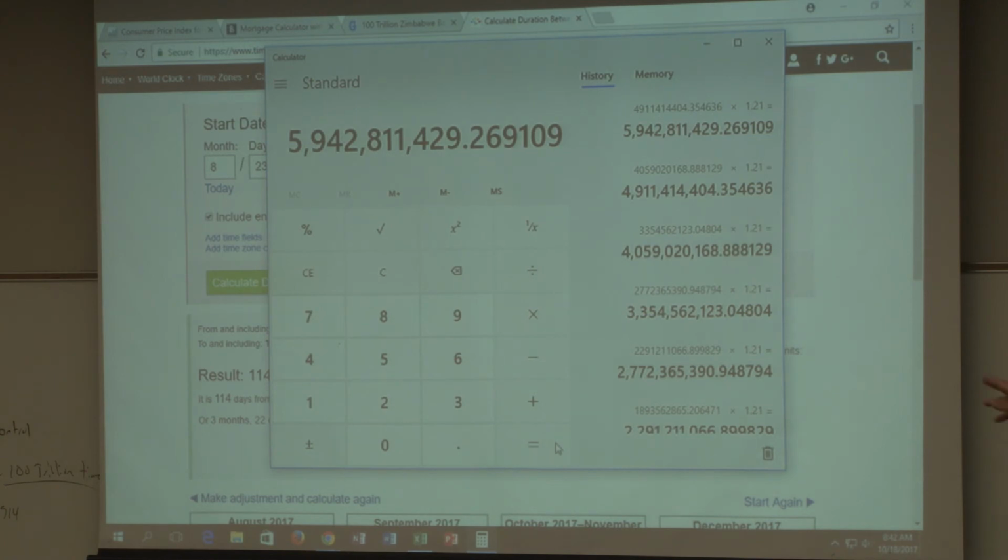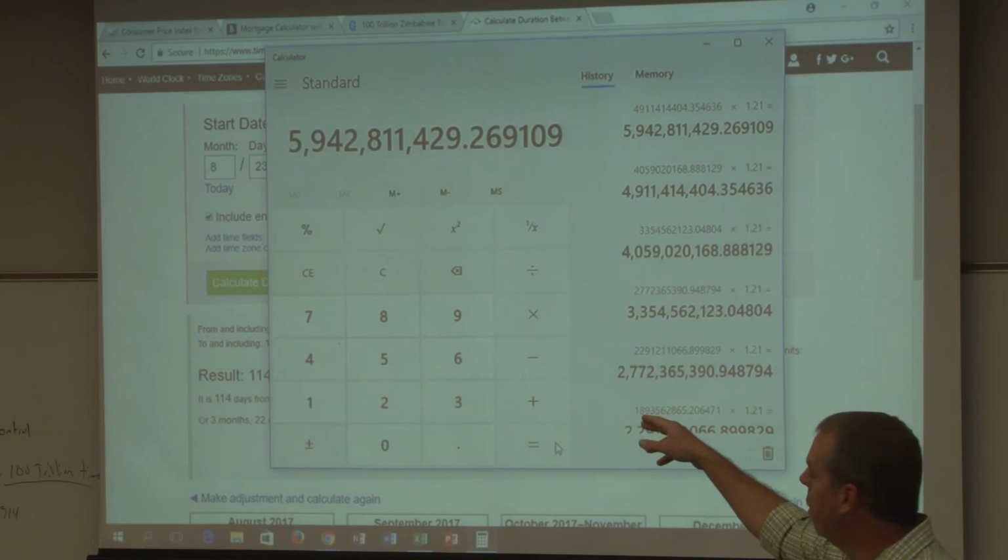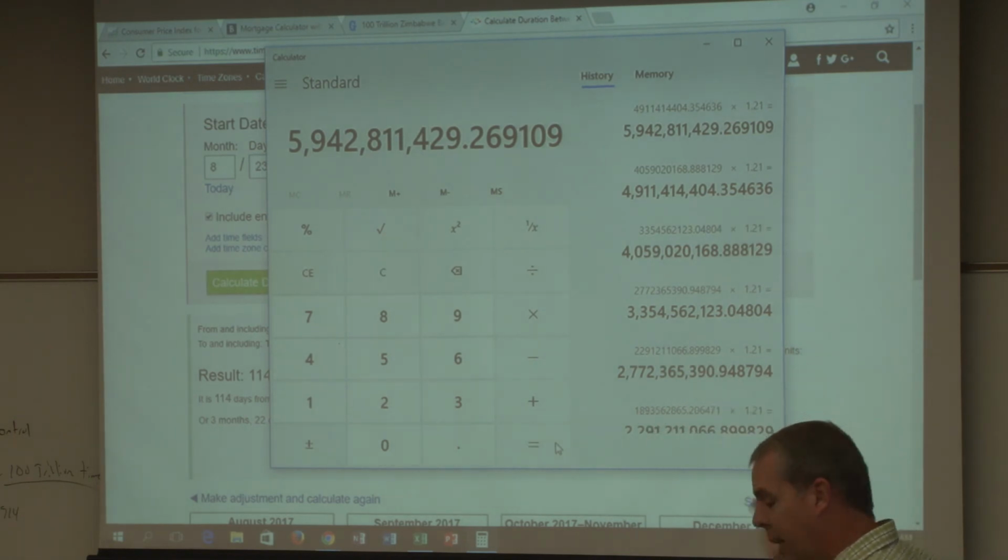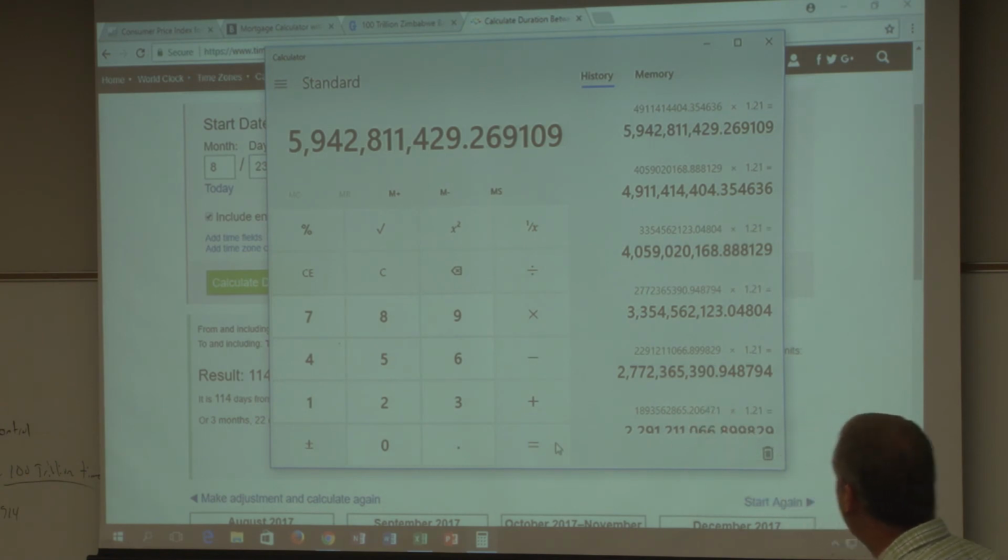So we started gas on August whatever at $2.17, and by the end of the semester, it is 100,000 million billion, $5.9 billion for a gallon of gas.